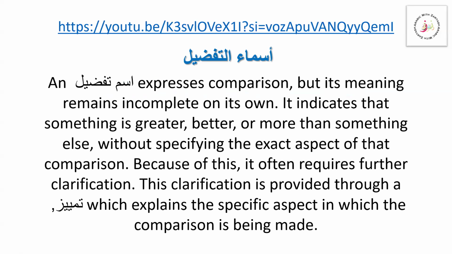So Asma Tafdeel, what are they? Like an Ism Tafdeel, we know that it shows comparison, but its meaning is not fully clear on its own. It tells us that something is greater or more than something else without explaining in what way.